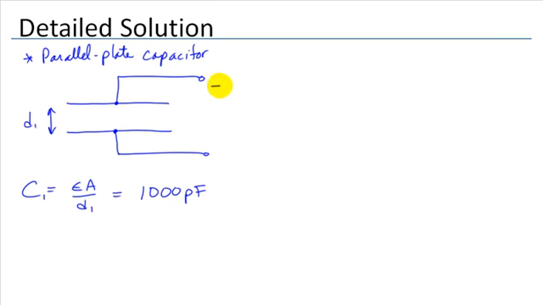We know from the problem statement that the original capacitance is 1000 picofarads. We also know that the initial voltage, which I'll label V1, is 1000 volts. The initial stored energy then is 1/2 the capacitance times the square of the voltage.